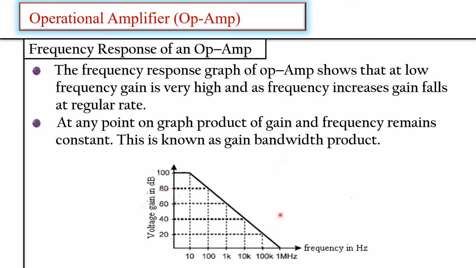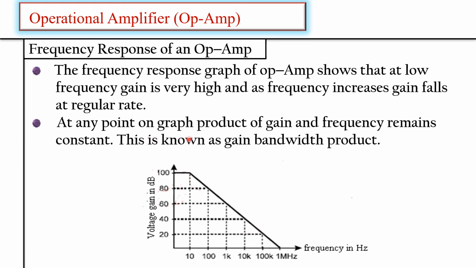This frequency is known as the cutoff frequency of the op-amp. So the cutoff frequency is the frequency where the gain of the op-amp is reduced by 3 dB.